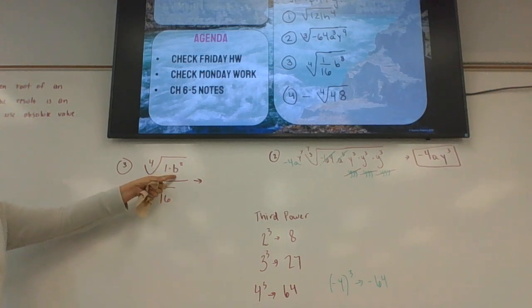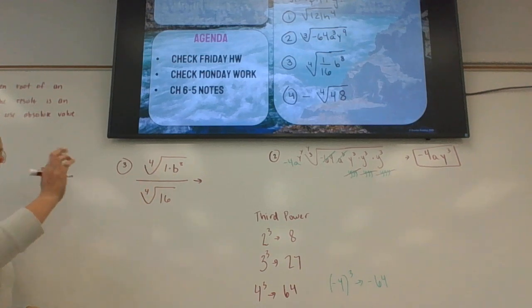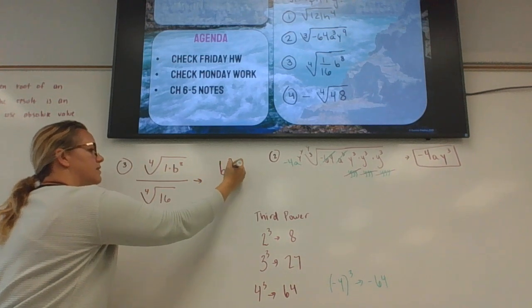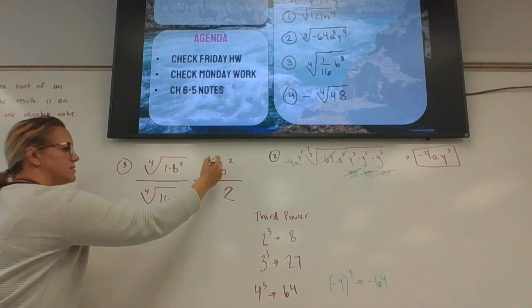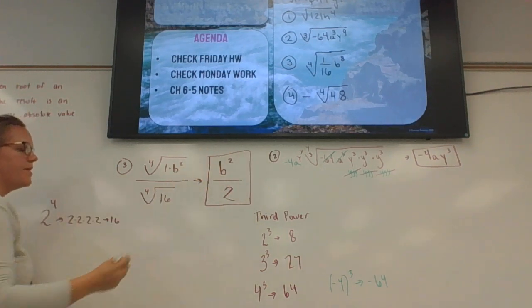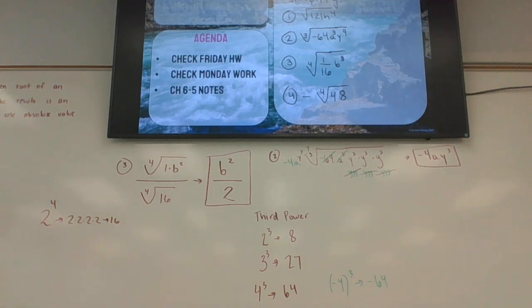And if I was to break 8 b's into groups of 4, I would have 2. So the fourth root of b to the 8th is b squared. And the fourth root of 16, I'll have to test. 2 times 2 is 4, times 2 is 8, times 2 is 16. So the fourth root of 16 is 2. B squared over 2. Who's got a question about that one?